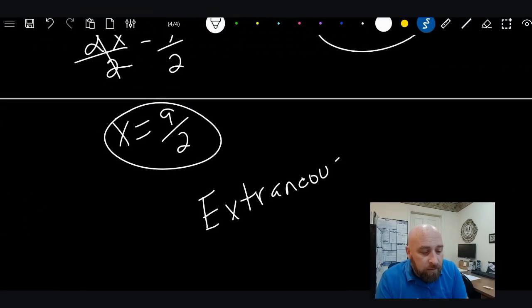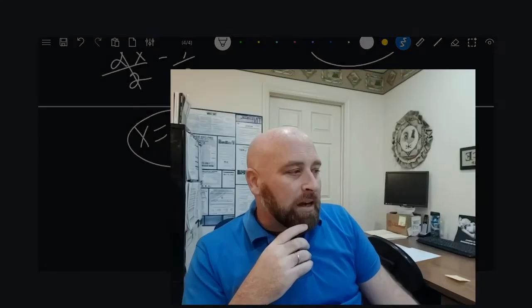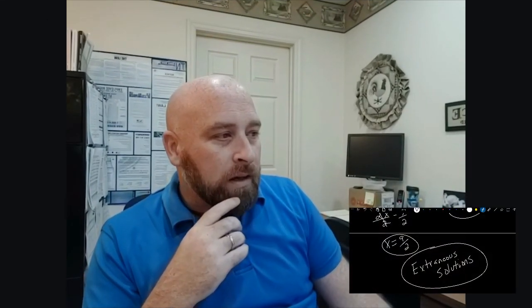Don't forget that you can have extraneous solutions. Okay, and an extraneous solution is a solution that does not check. There's something wrong with it. It comes out, that's the answer. Like you could keep doing the problem over and over, and that's the answer.